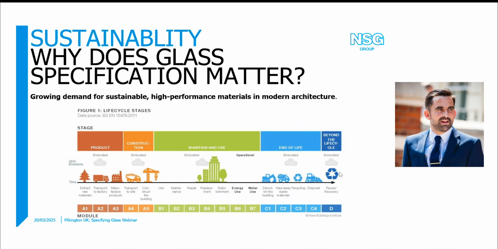While embodied carbon occupies the vast majority of these life cycle stages, the life cycle stages we see on the illustration on your screen, historically operational carbon, or the energy use, while only occupying stages B6 and B7, would have had a higher overall carbon weight when looking at the overall project's life cycle.